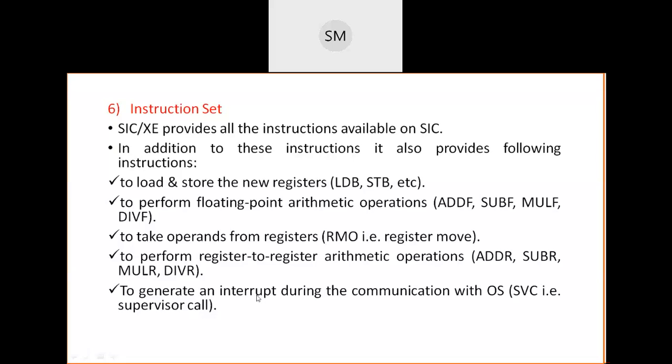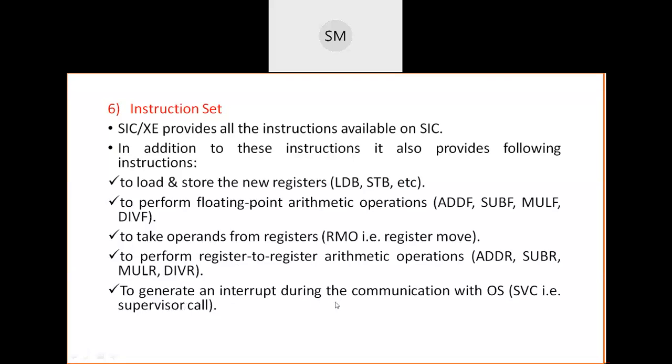Suppose we are communicating with the operating system, and suddenly you want to stop something, or divert or interrupt that operating system, then you can use this instruction, SVC, which is called supervisor call. So the SVC supervisor call instruction is used to interrupt the communication with the operating system. Very rarely we use this one, don't worry about it.